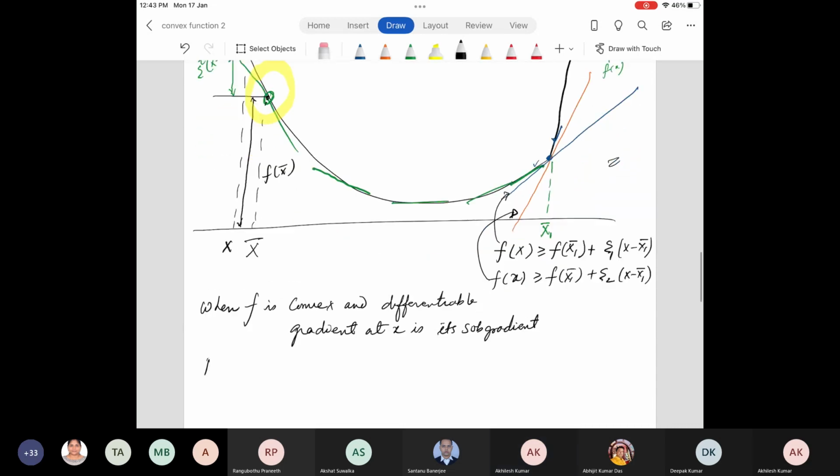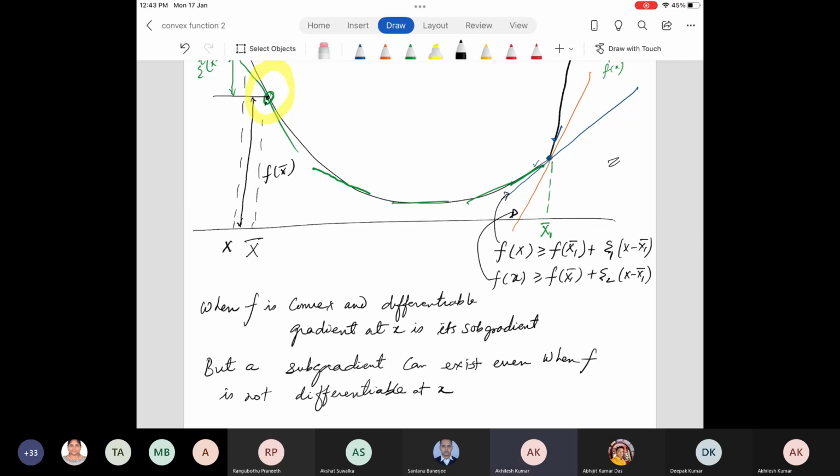But a subgradient can exist even when f is not differentiable at x. So you see, if I try to find the gradient at that point, it is nothing but a combination of subgradients, although it is not differentiable at that point.